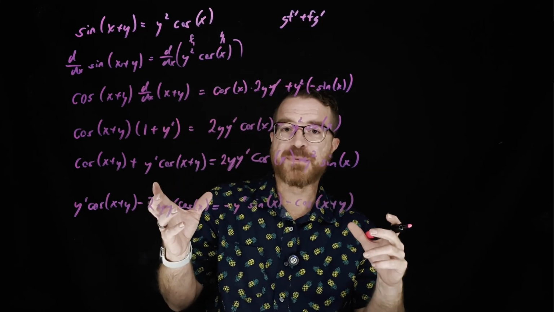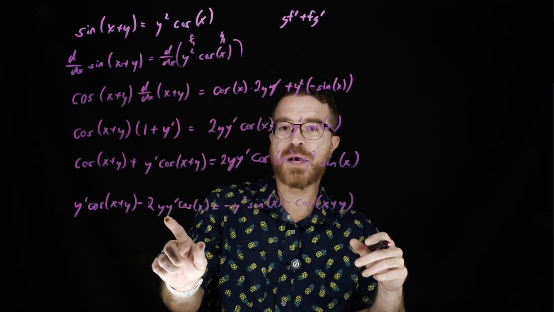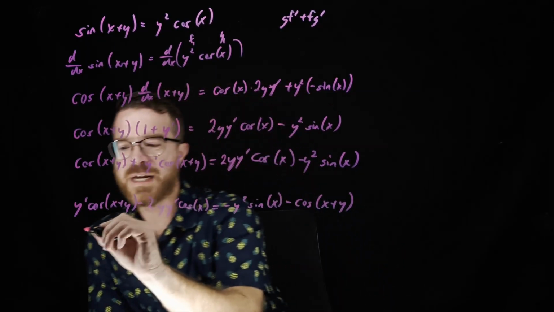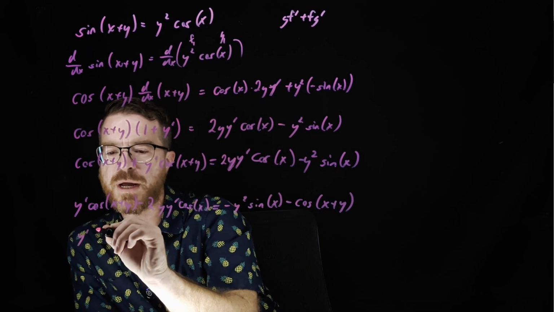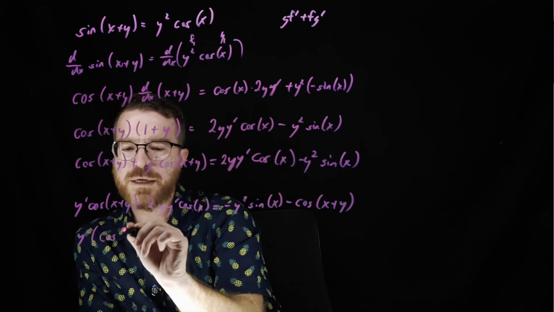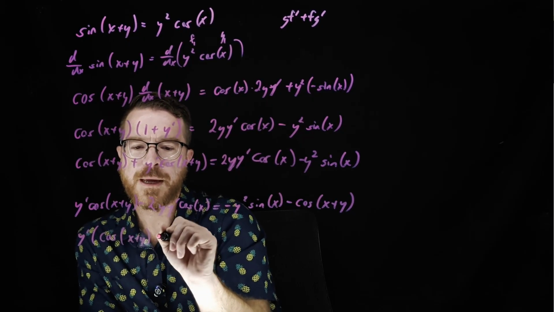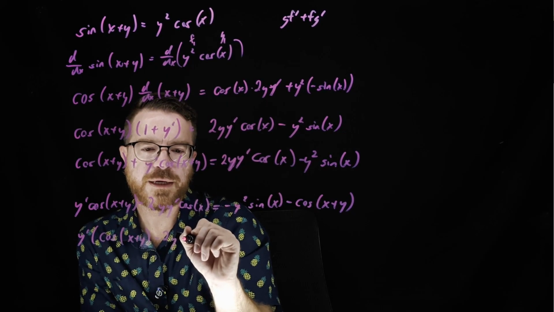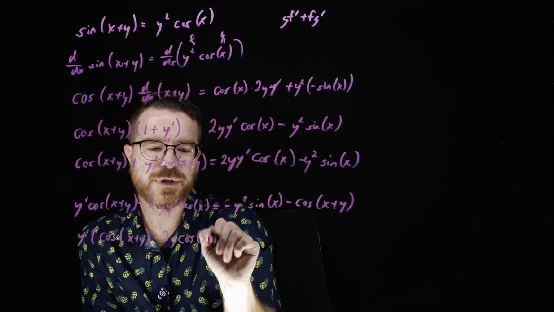Okay, so just as before, I've got a y prime term here, I've got a y prime term here. Pull them out. So this side is going to be y prime times cosine x plus y minus 2y cosine of x.